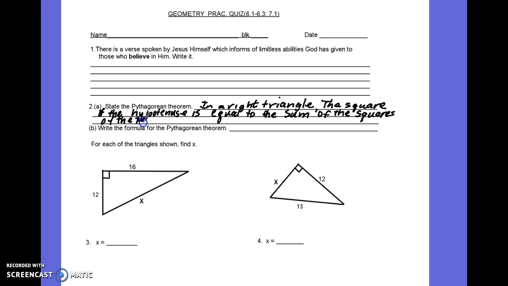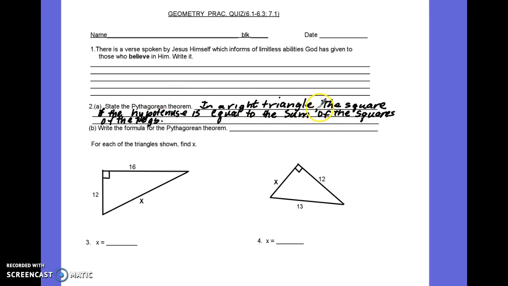Some people mix this up and they put the square of the sum. Well, it should be the sum of the squares. Please don't reverse these two words. It's the sum of the squares. There's a difference. So say it with me.